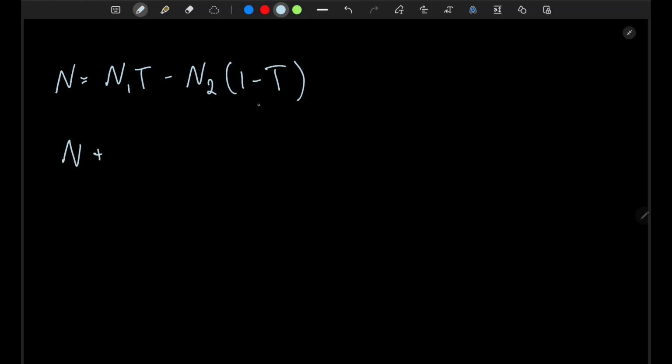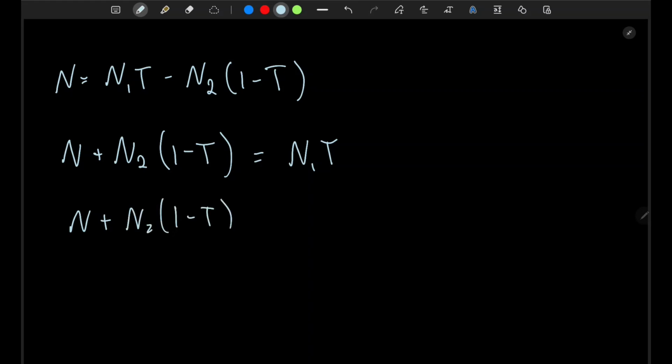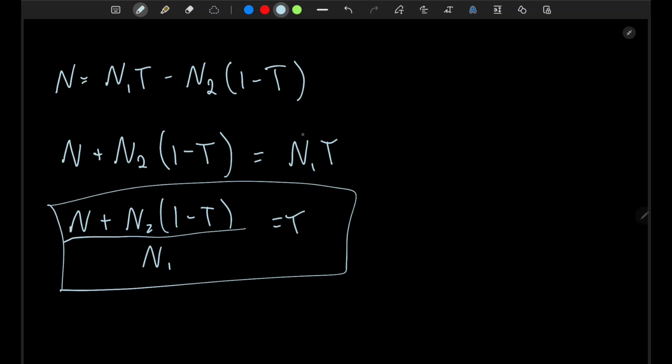So we'll have n, move this over, plus n2 (1 minus t), so got rid of that whole chunk at once, is equal to n1t, and then we want to move this n1 down, so then we are going to be n plus n2 (1 minus t), all over n1 is equal to t. And so this here is a good example about how when you push this down, you have to make sure that you're doing it across the entire side, and not just one of them.